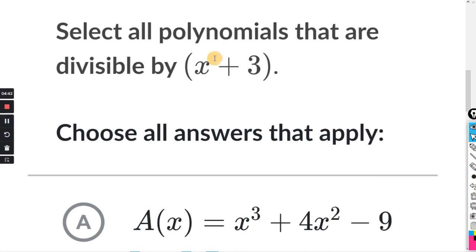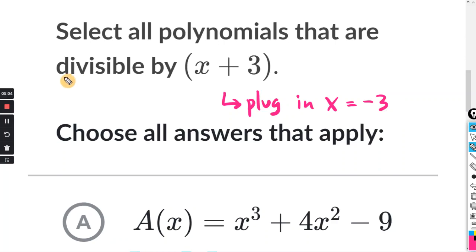All right, select all polynomials that are divisible by x plus 3 and choose all answers that apply. Once again, if you are dividing by x plus 3, you want to plug in x equals -3.